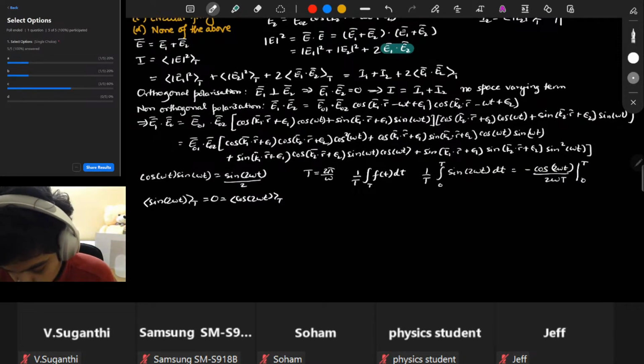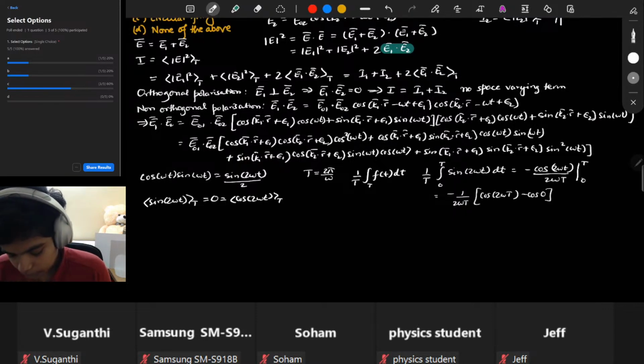And when you put in, you get minus 1 over 2 omega t, cos 2 omega t minus cos 0. And when you put in t equal to 2 pi by omega, 2 omega t is nothing but 2 pi over omega times 2, so this omega cancels and it makes it 4 pi.